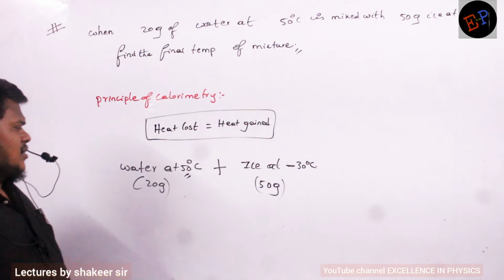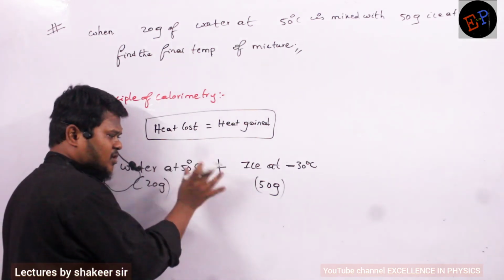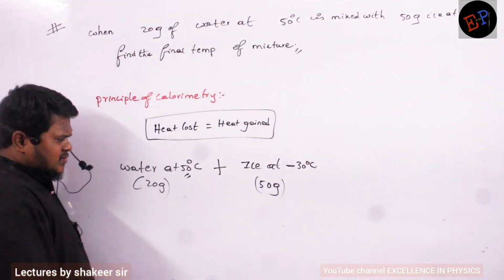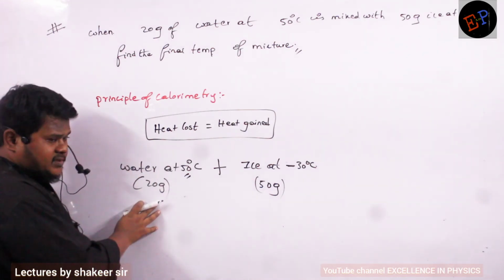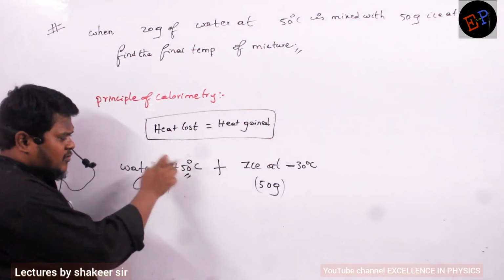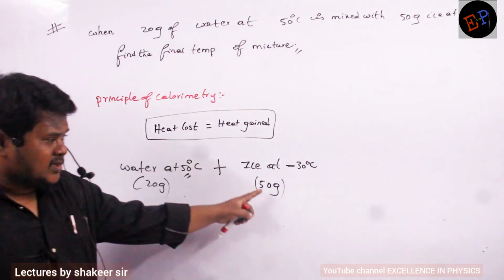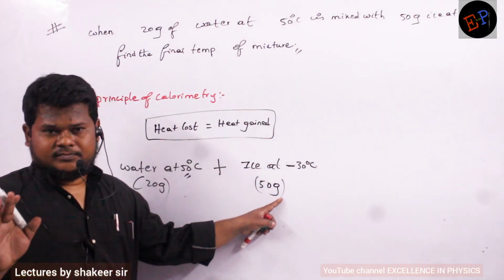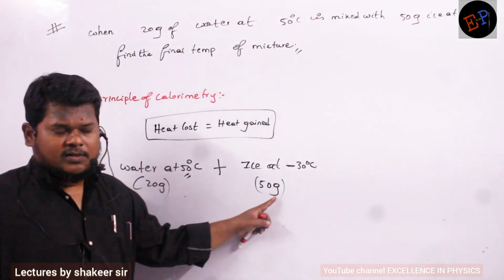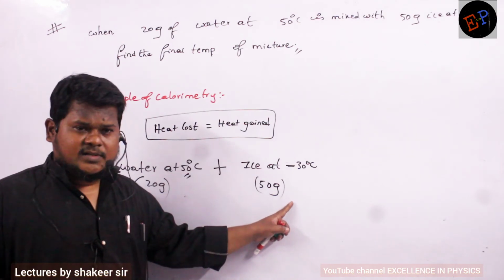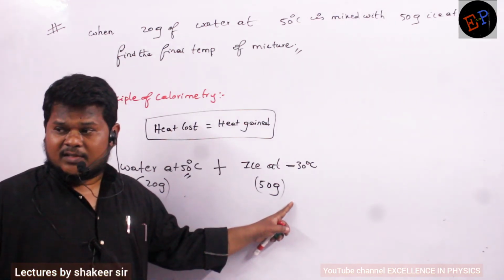Understood? Now when we mix both of them, what is the final temperature of the mixture? That I have to calculate. In this type of condition, we can do the problem by one method. First of all, I have to see how much energy water can supply, and whether it is enough to melt all the ice or not.